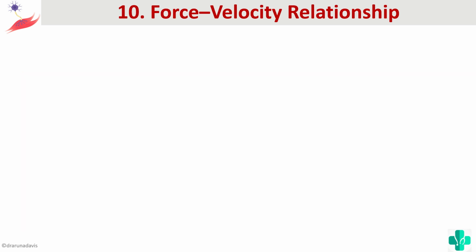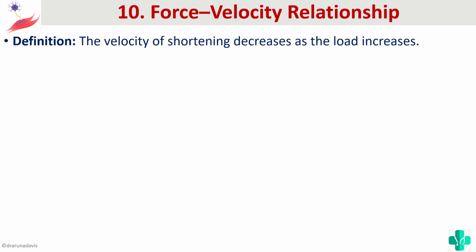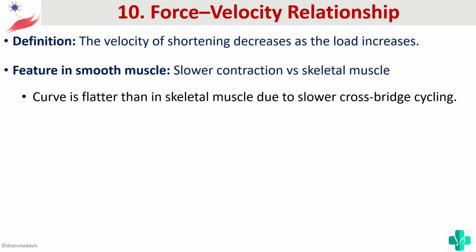And finally, the force velocity relationship. In skeletal muscles, we had talked about the force velocity relationship, the relationship between the muscle force and the velocity. Here also, the basic concept is the same. As the load increases, velocity of shortening decreases. The important feature in smooth muscle when compared to skeletal muscle is that the contraction is much slower. So the curve for the force velocity relationship is much flatter than in skeletal muscle due to the slower cross bridge cycling.